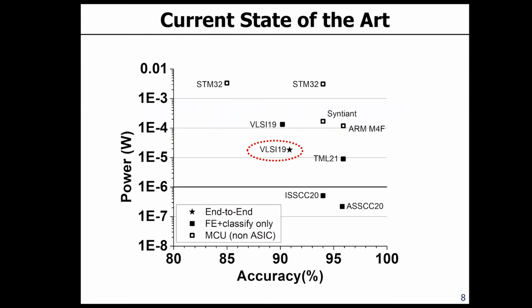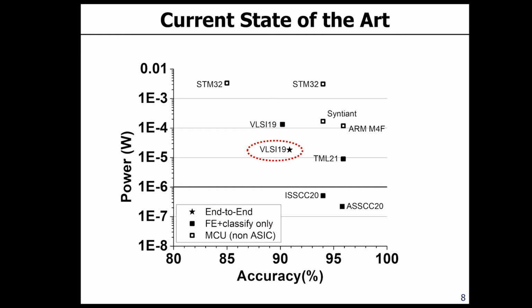Okay, so keyword spotting has been a very popular topic in machine learning, AI, hardware and systems. And I have a quick survey of the recent state of the art, with the spotting accuracy on the x-axis and the power consumption on the y-axis. There are many different data points, and you can see that on the top part of the plot, there are several square, hollow interior symbols, right? STM32 and Cortex-M4.